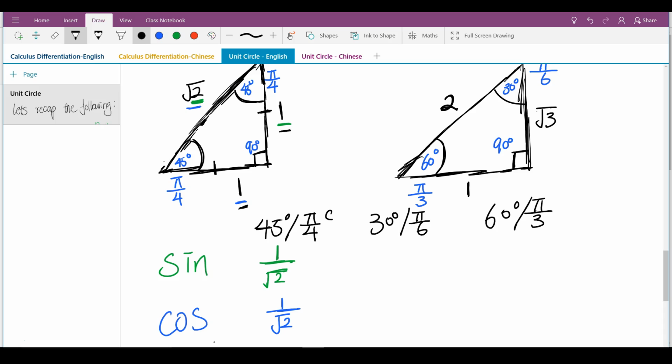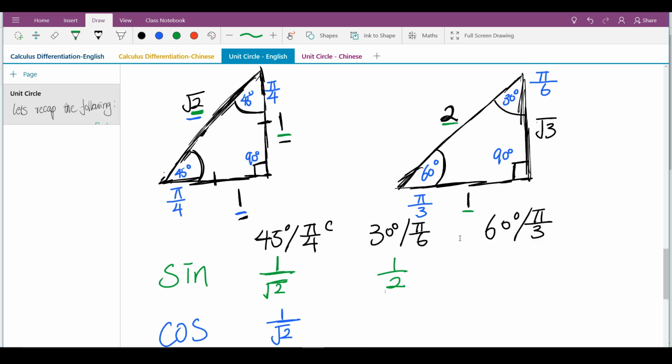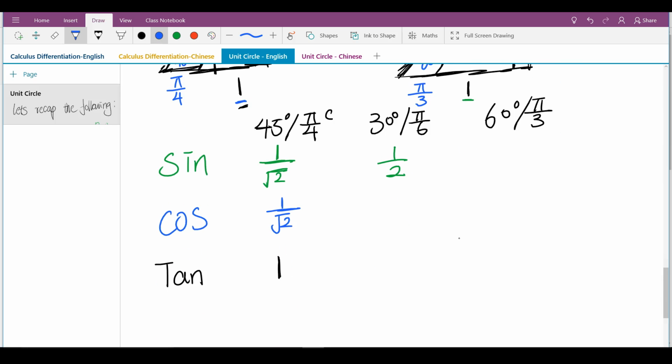Looking at the 30 degree angle, sine is equal to opposite over hypotenuse. So we get 1 over 2. Right? The other bit, the cosine 30 is adjacent over hypotenuse, which would be root 3 over 2.